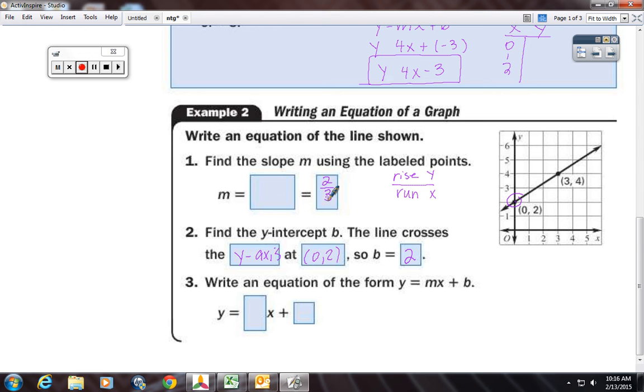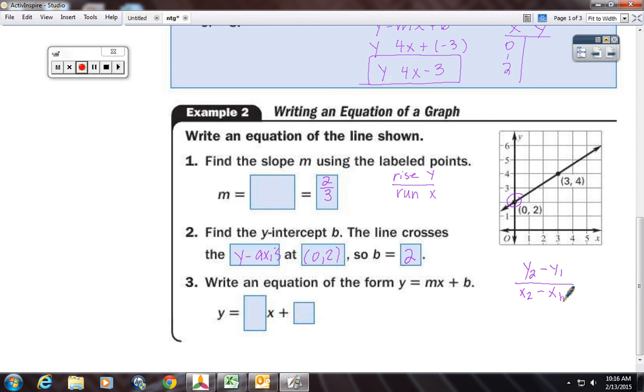Now there's another way to find it. This is a formula that we went over in the previous lesson. The way to find slope is you take the second y minus the first y over the second x minus the first x. This is going to look a little unfamiliar right now to you guys, but this is something that we will do in the lessons prior to this.